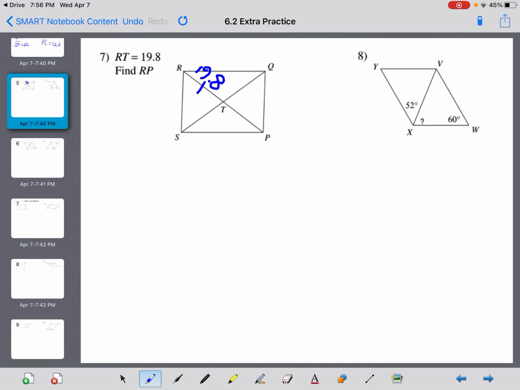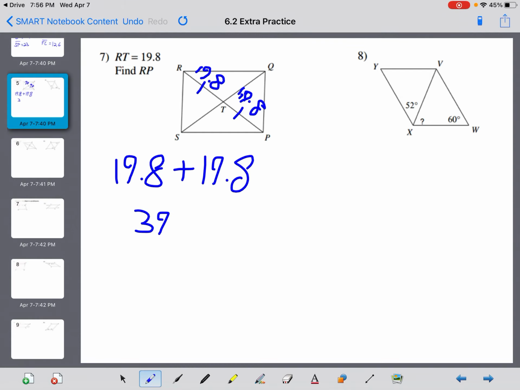Well, the diagonals bisect each other, so that means RT and TP are the same. So that means they're both going to be 19.8. So we get 19.8 plus 19.8, and that's going to give us 39.6, and that equals the length RP.